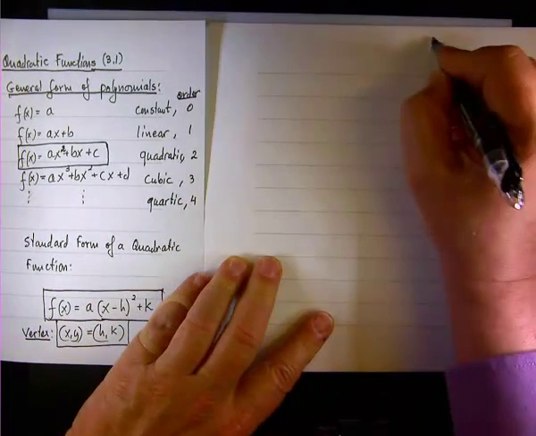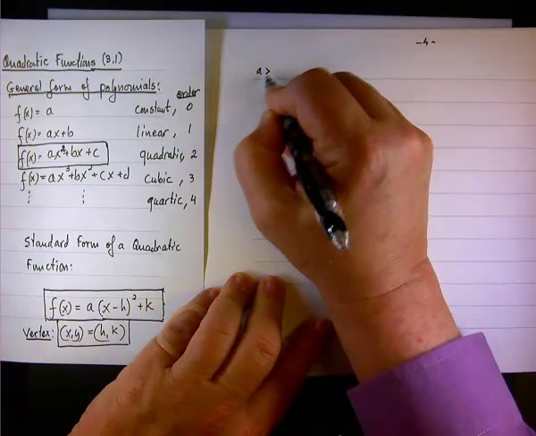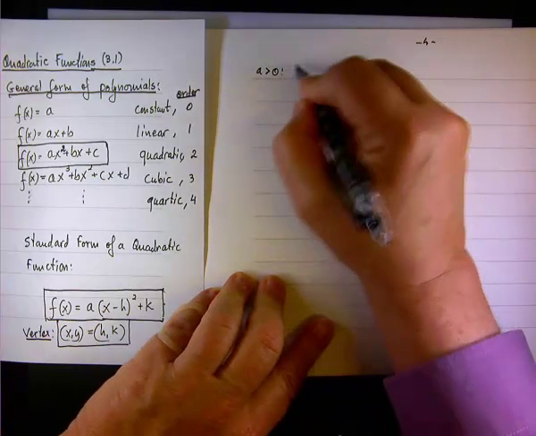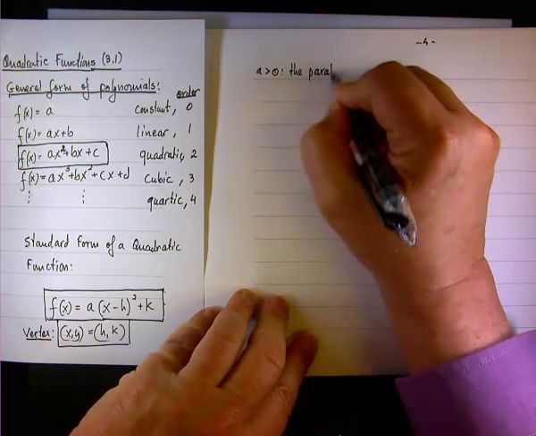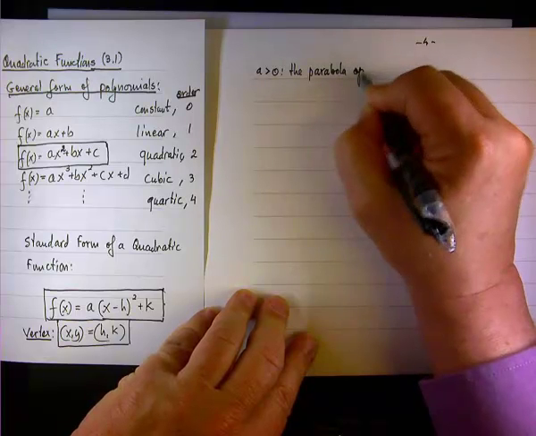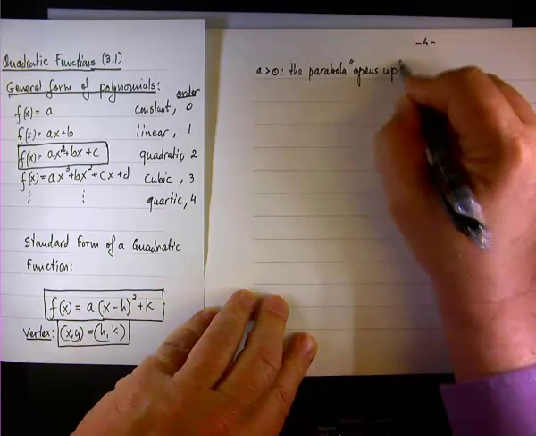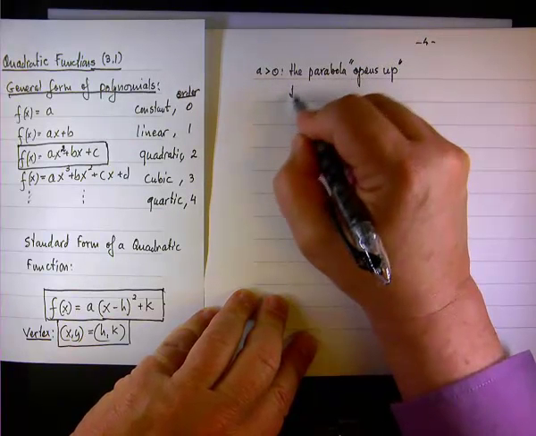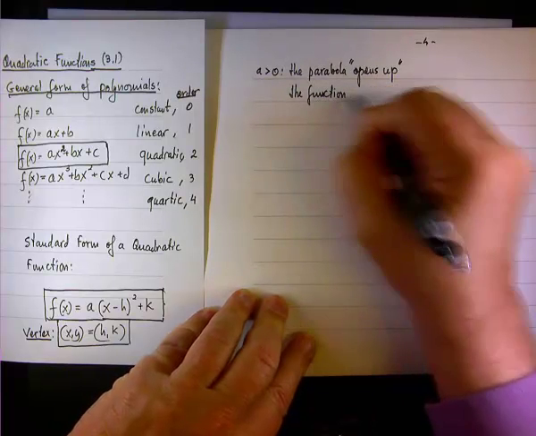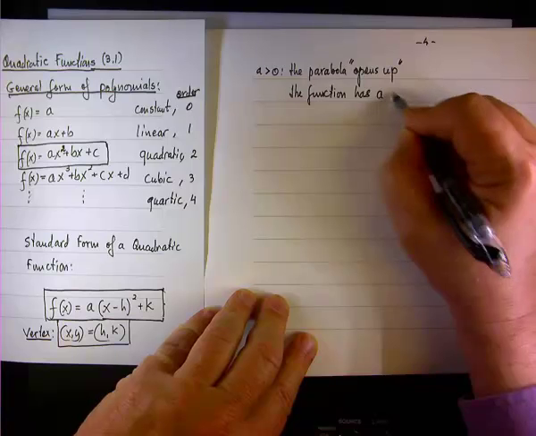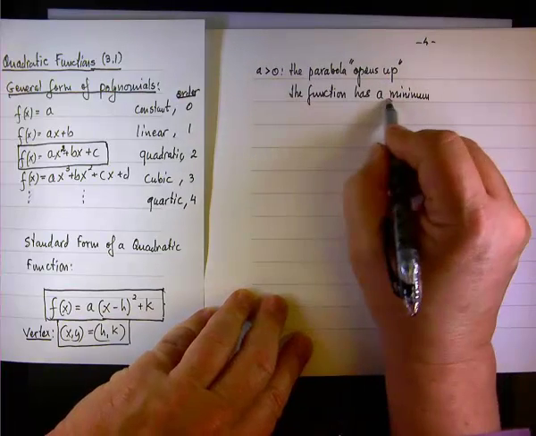So the coefficient a, if a is positive, then the parabola opens up, I'll put opens up in quotation marks, and the function has a minimum because it opens up.